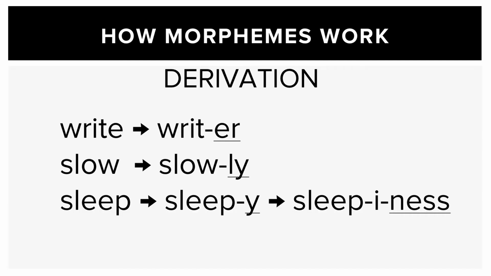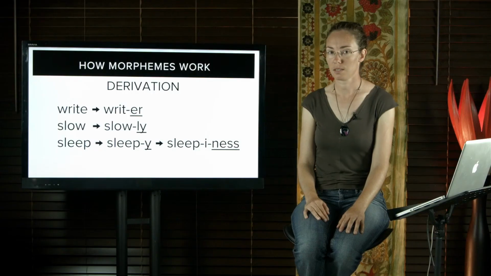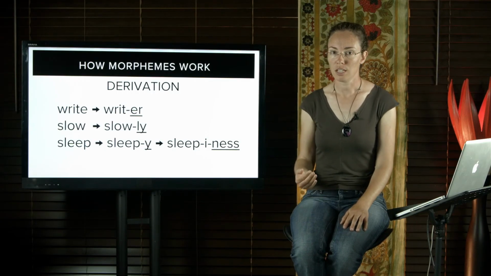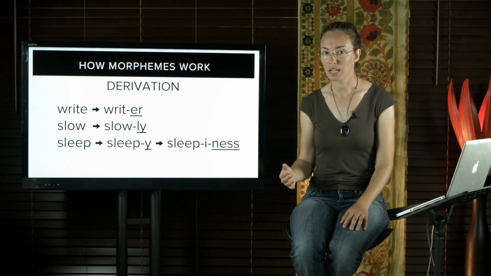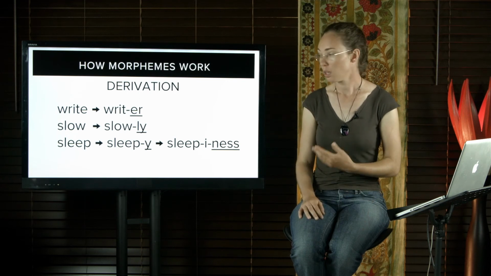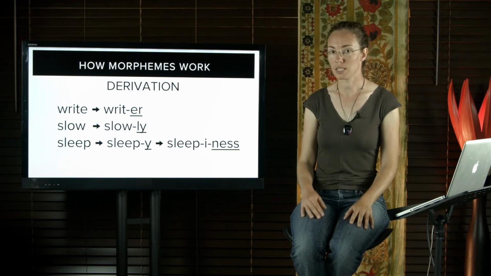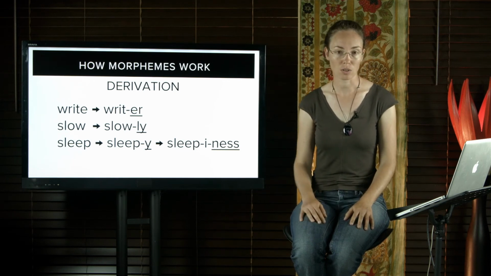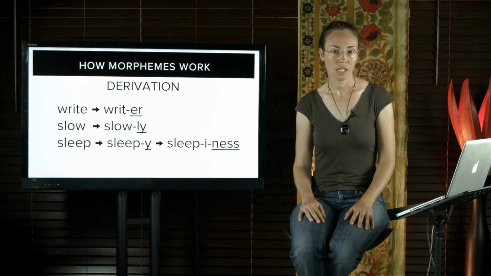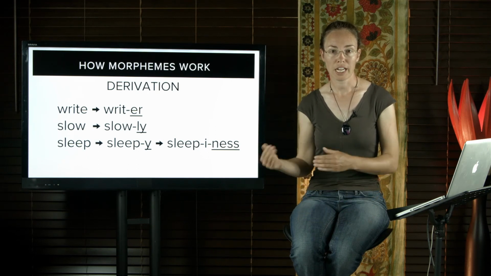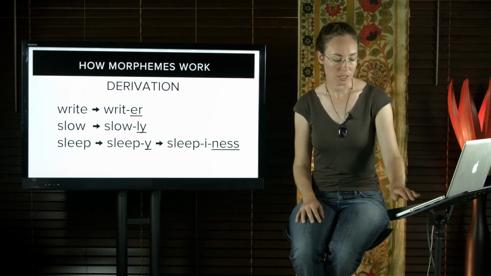We have write becoming writer, slow and slowly, sleep, sleepy and sleepiness. In English, morphemes that change word class are usually suffixes, but there are some exceptions like en, the prefix, so we can say enrage or encircle. In other languages, morphemes that change word class are usually prefixes.